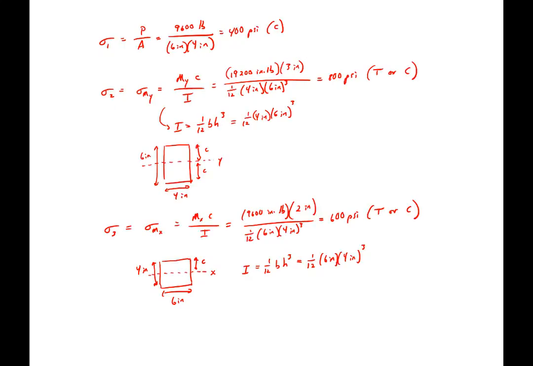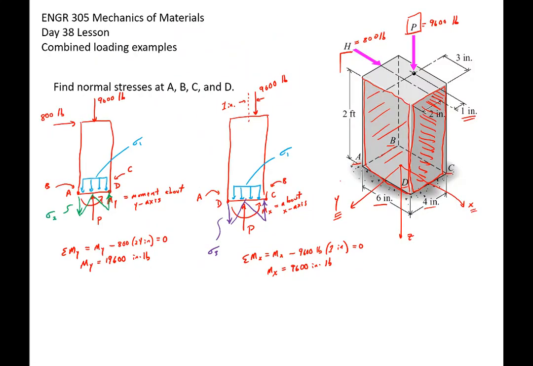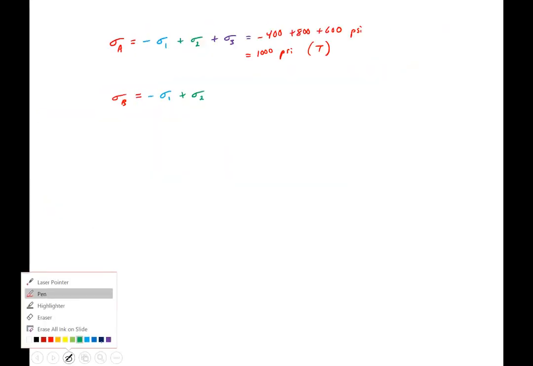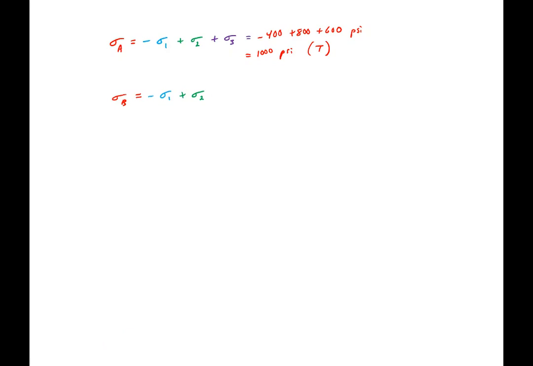Let's look at what B looks like for the purple load, sigma 3. In this case, it's on the same side as point C, and those are both compressive flexural stresses from sigma 3. So that's actually going to be a minus sigma 3. That means minus sigma 3.